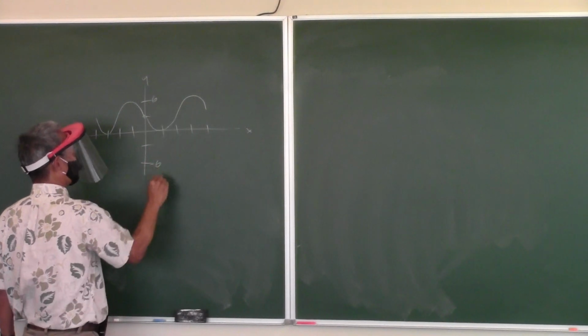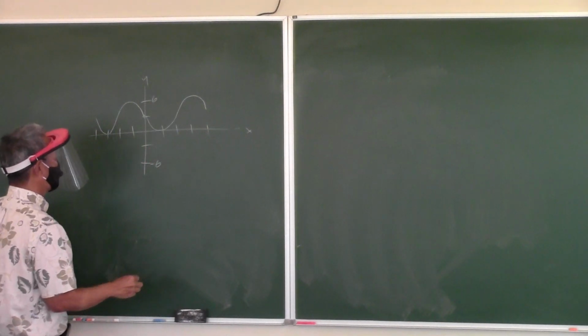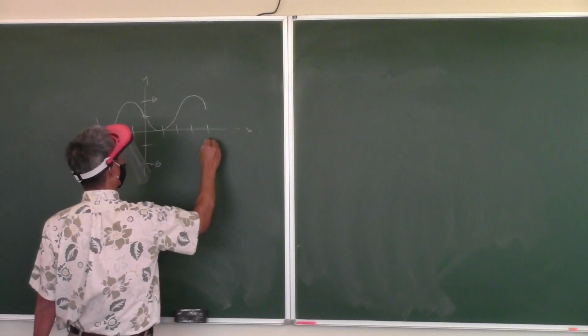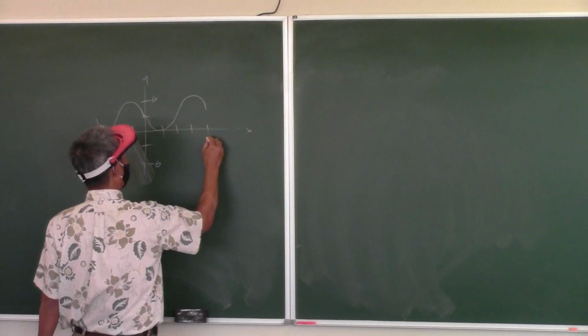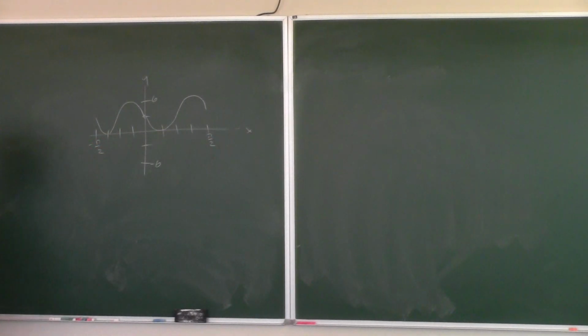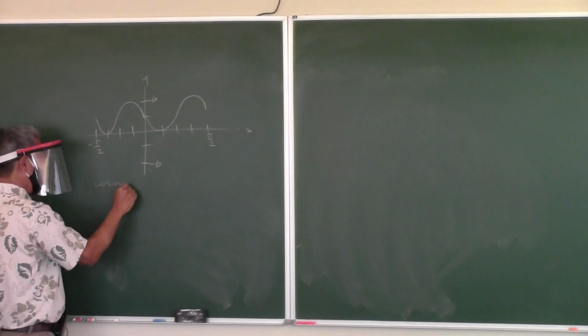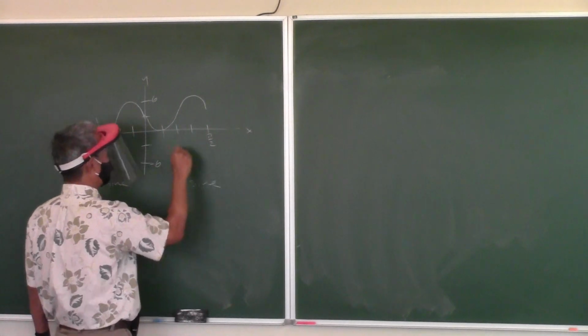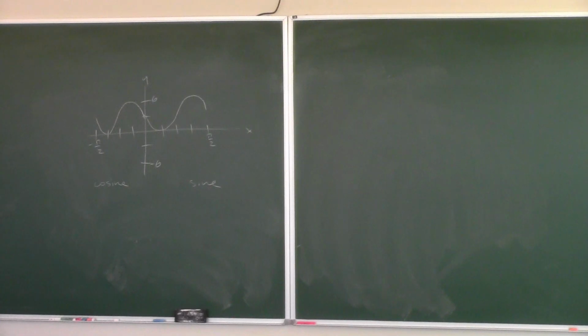This is 6 and negative 6. And on the x-axis, let's say that this is pi over 2, negative pi over 2. Okay, so on the test, you're gonna have to write a cosine function and a sine function for the graph.